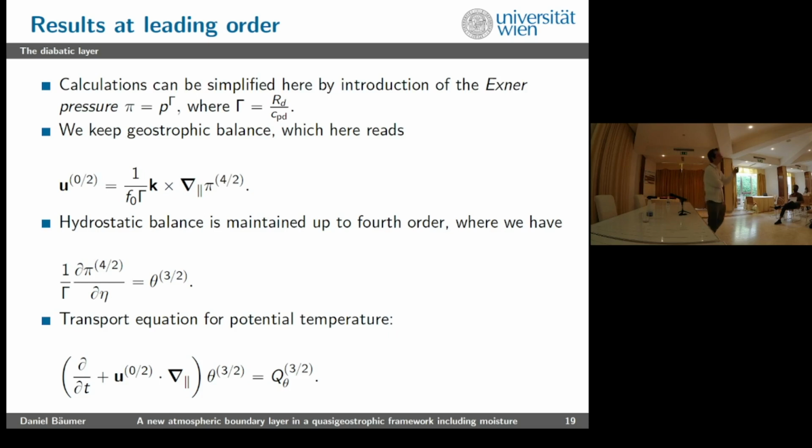We lose geostrophic balance in the Ekman layer, but we keep it in the intermediary transitional layer, the diabatic layer. We also have hydrostatic balance, which for deviations from the background stratification actually has this form. So the vertical derivative of the pressure is given by the potential temperature, right? And again, transport equation for the potential temperature, which is nothing to write home about per se.